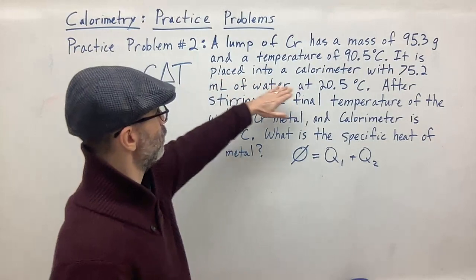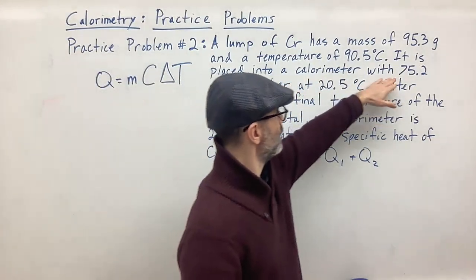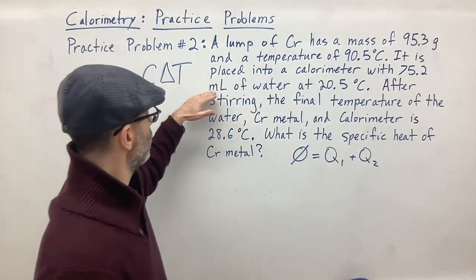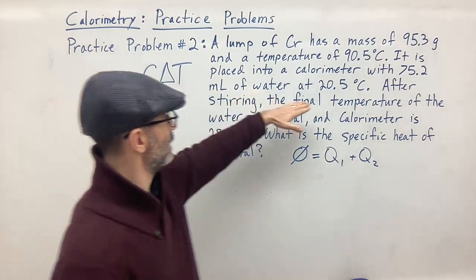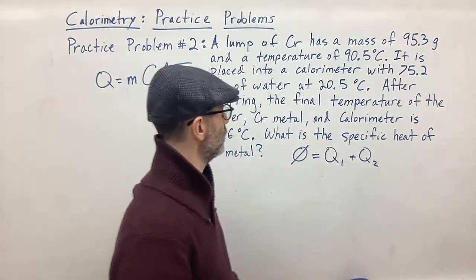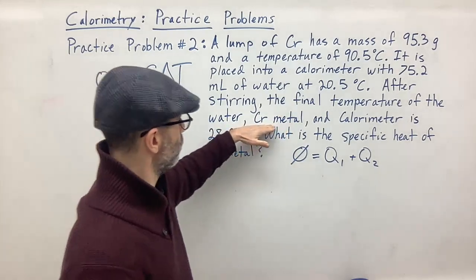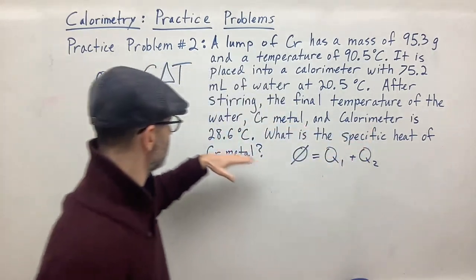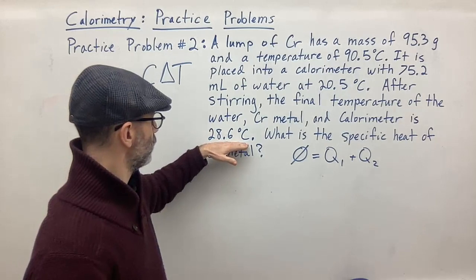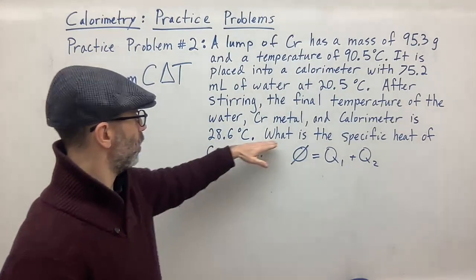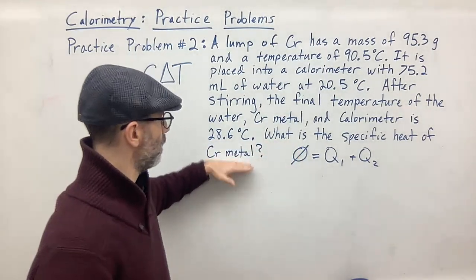It is then placed into a calorimeter, which already has 75.2 milliliters of water in it at 20.5 degrees Celsius. After stirring, the final temperature of the water, the chromium metal, and the calorimeter is 28.6 degrees Celsius. What is the specific heat of the chromium metal?